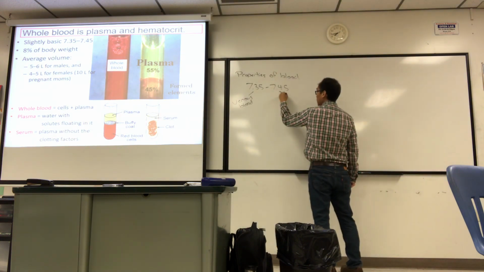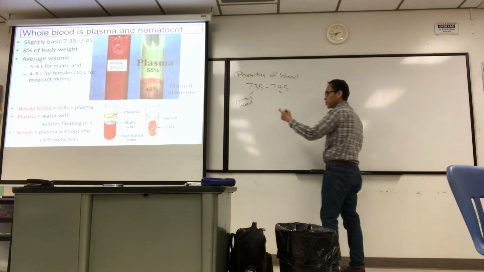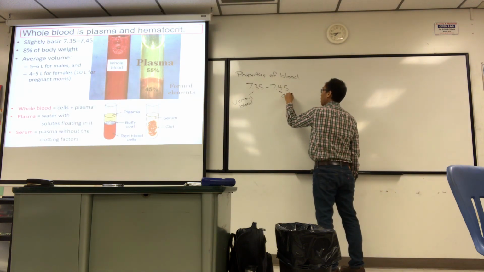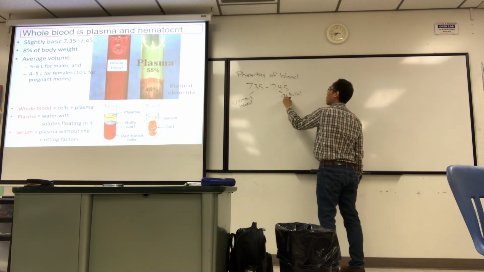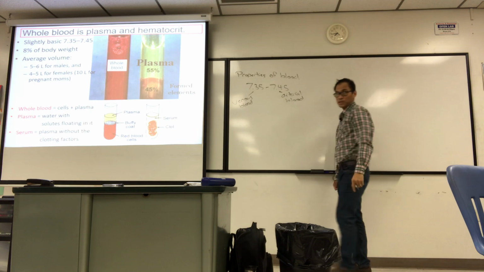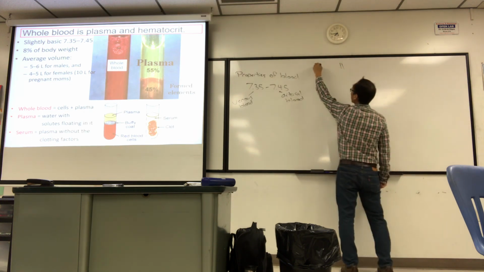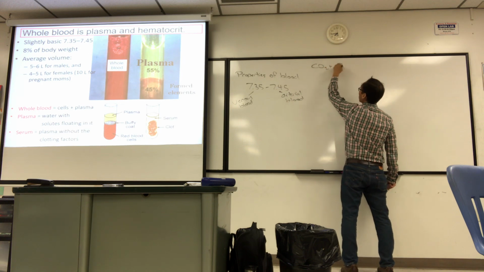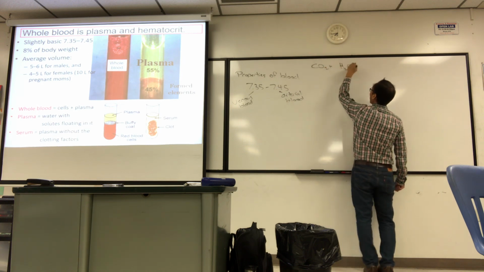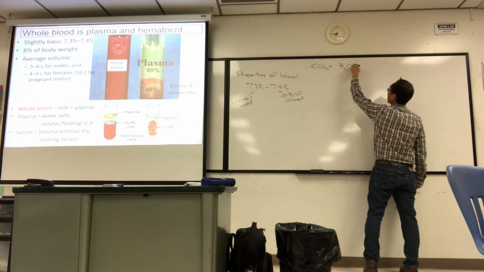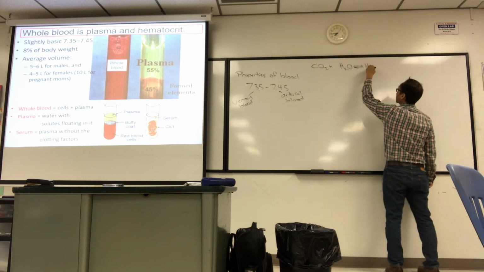Arterial blood is slightly less acidic because it has less CO2 content. Why would CO2 affect pH? See if you remember this from chemistry. If you take CO2 and hydrate it, you get carbonic acid.